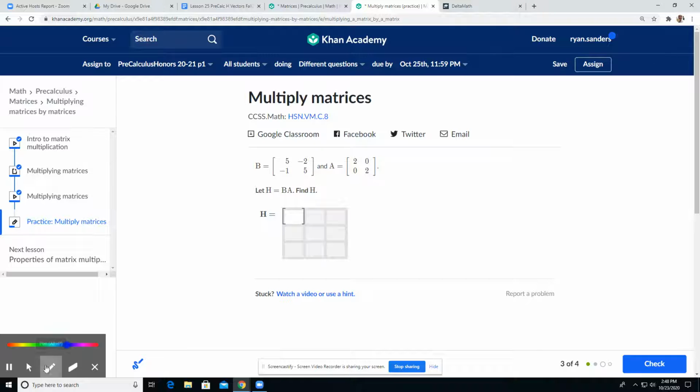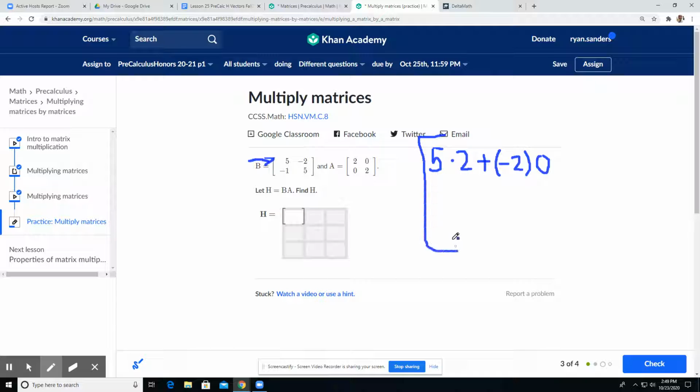Okay, so let's go ahead and do our multiplication here. So the first row multiplies the first column. So the row here is 5, so 5 times 2, 5 times 2 plus negative 2 times 0.